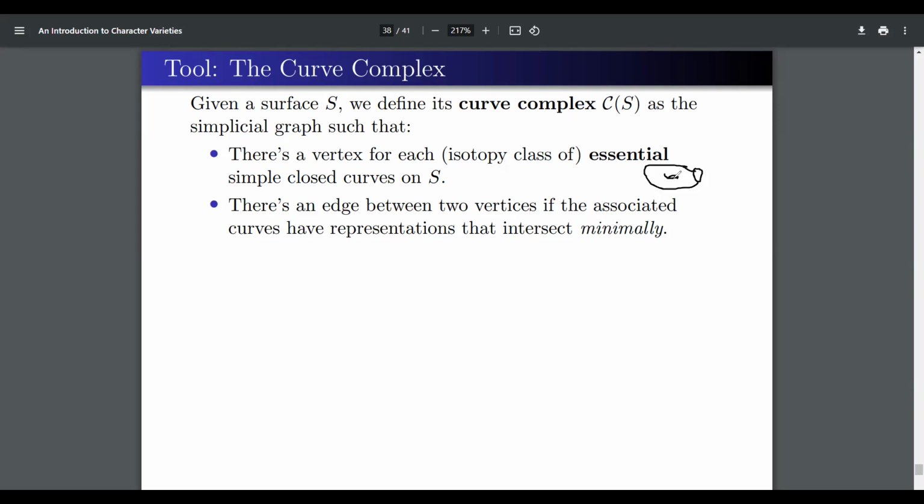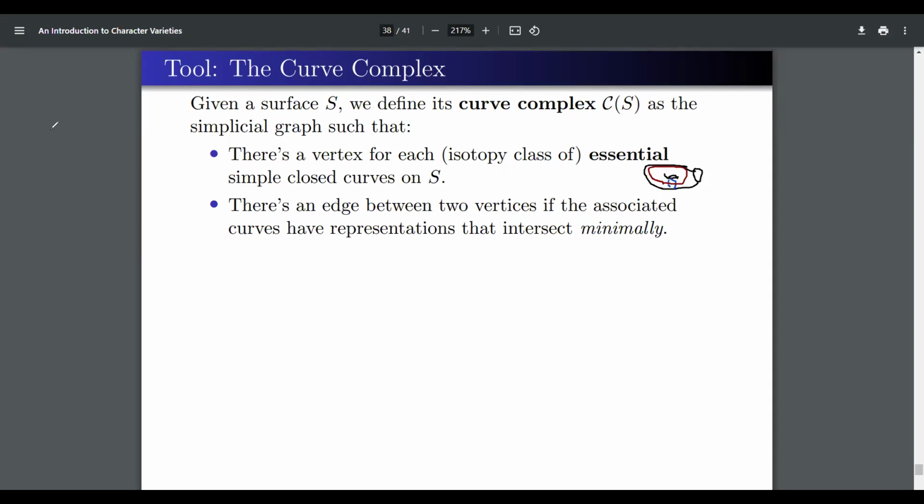For example, the one-hole torus is such a thing. So the minimally here means that there's an edge between two curves if they intersect once. So here is an example of two curves that intersect minimally on the surface. This loop right here, this loop right here.